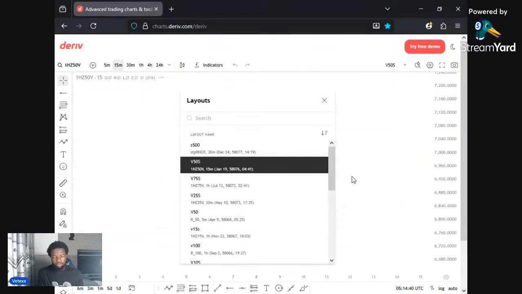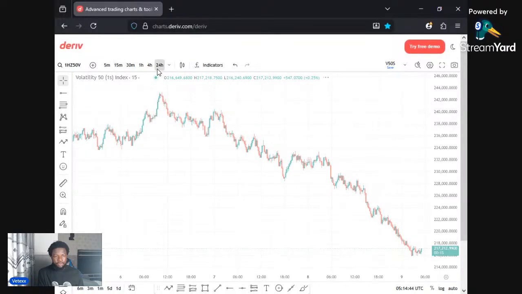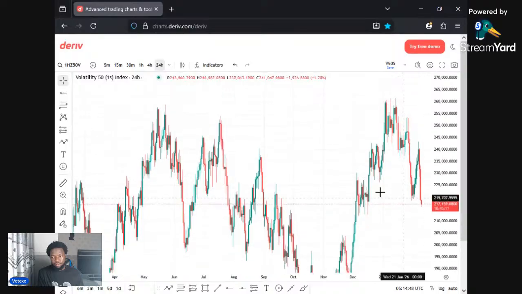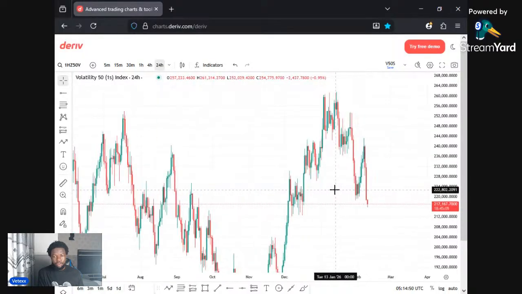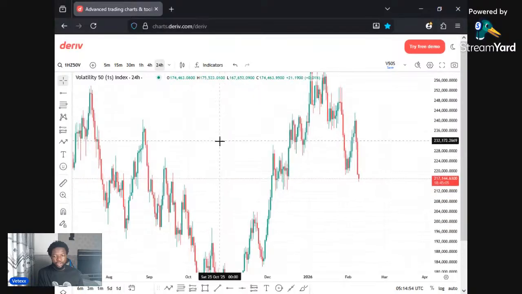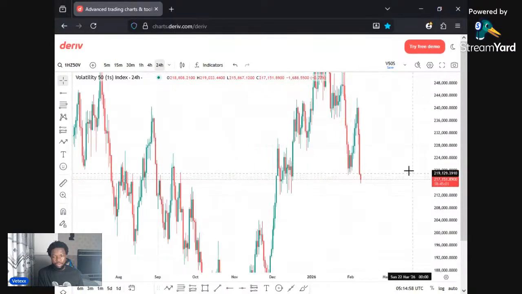V51S. So starting from the 24-hour time frame, let's check V51S. We have price moving on the weekly time frame, it has already smashed the target. And then we have what now?